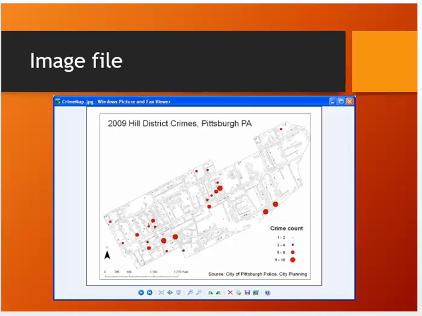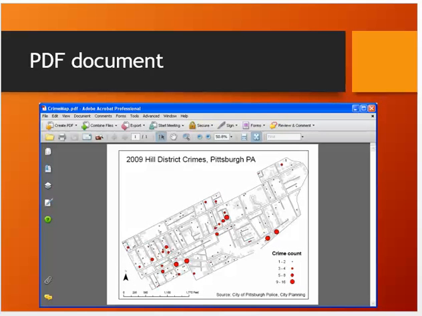So then, once you've exported it, you can open that image file in your image viewer, Paint, whatever image viewer you're using, and it looks like it does when it came right out of the layout view. Same with the PDF, open it with the Adobe Acrobat Reader.